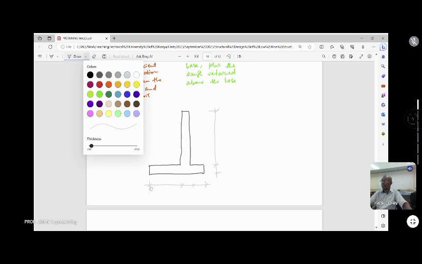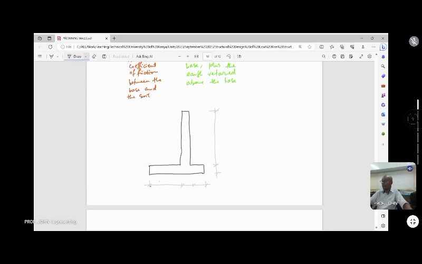We've got these dimensions for the wall. It's 2,000, 400, 400, 400, and 5,000.